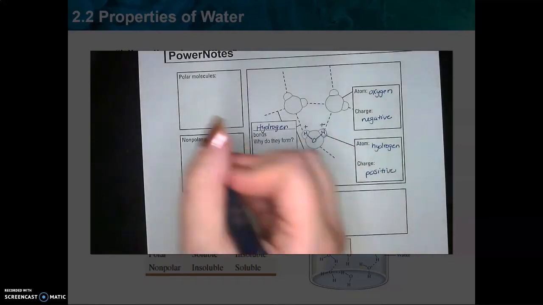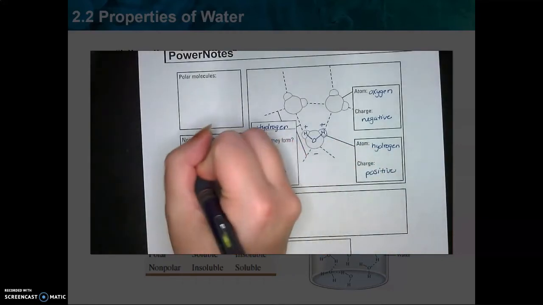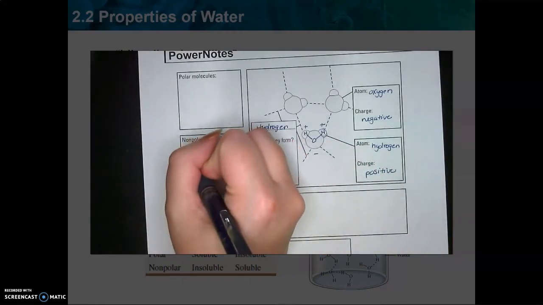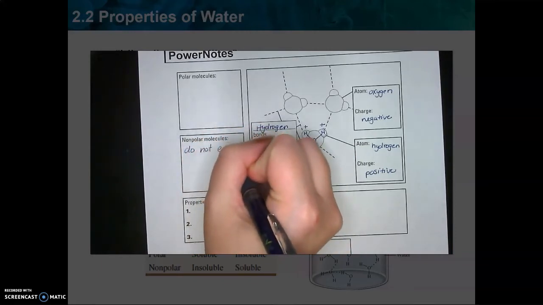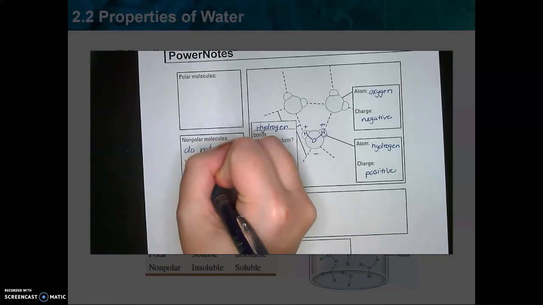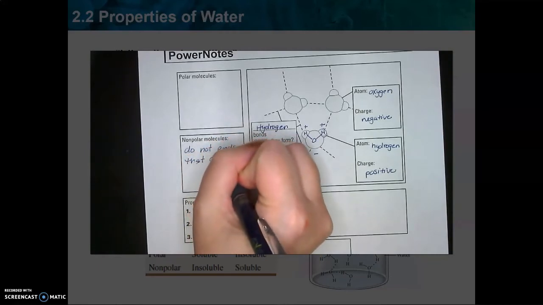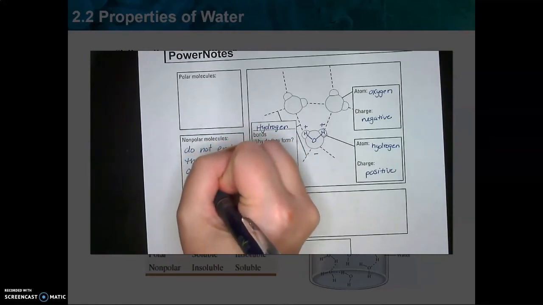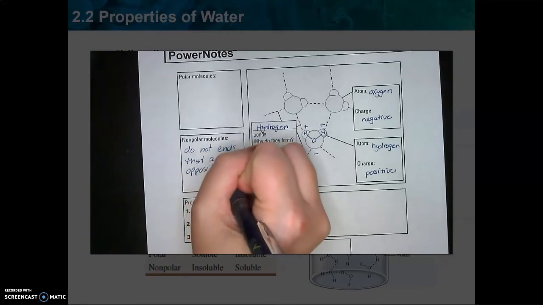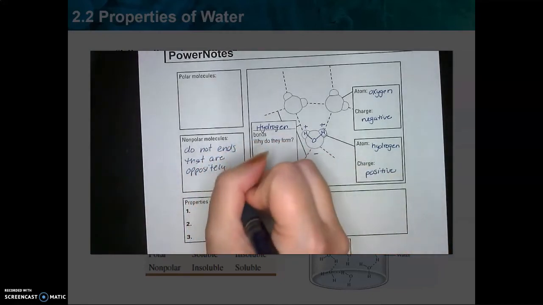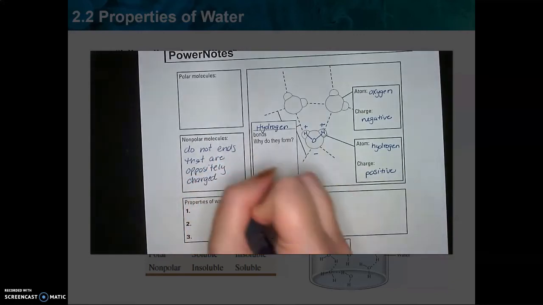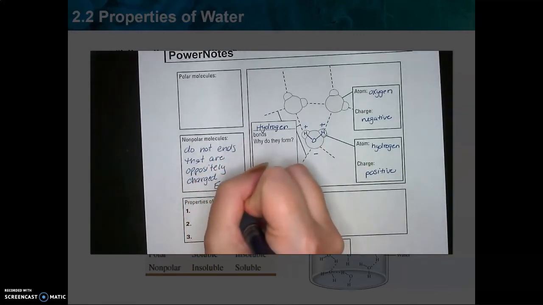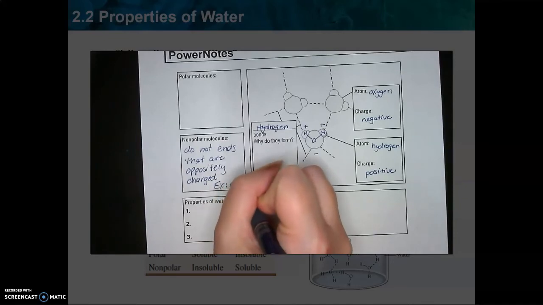But nonpolar molecules do not have opposite charges. So you can think of them as being completely neutral throughout. And a really good example here is going to be oil.